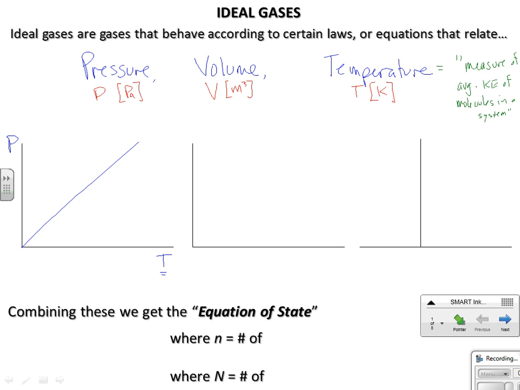Temperature is really about how fast particles are moving, and the faster they move, the more force they exert when they collide with the walls of a container, and therefore the larger the pressure the gas is under.